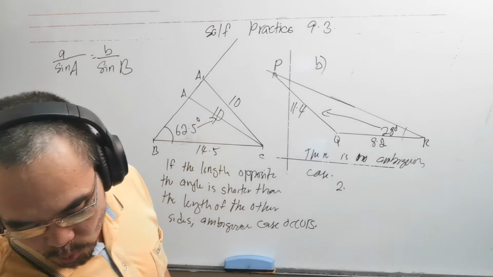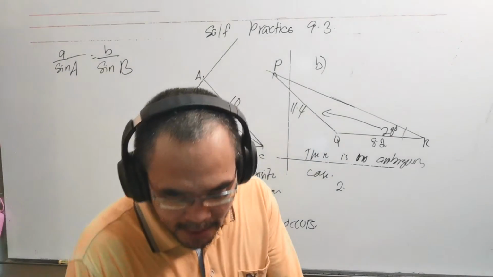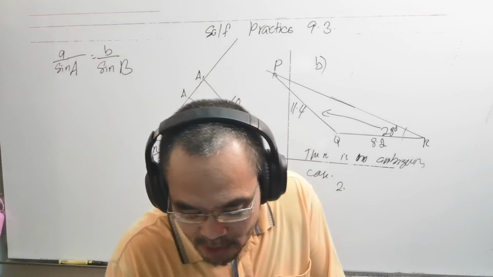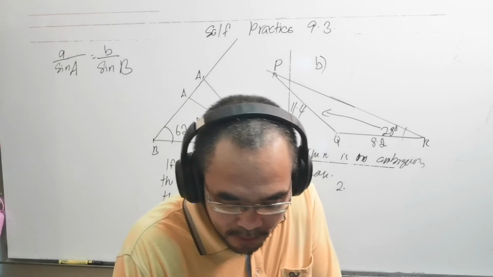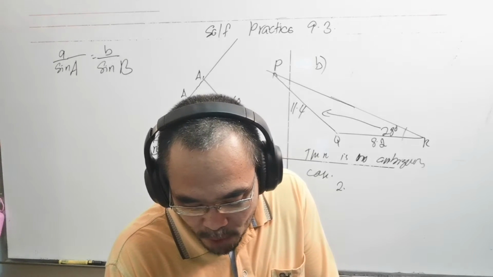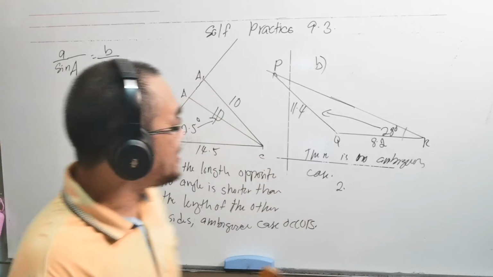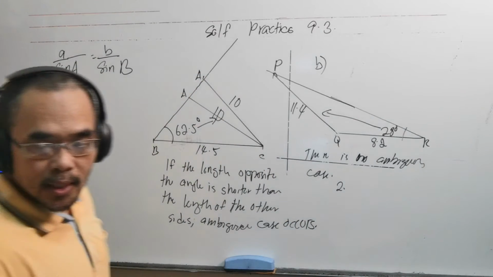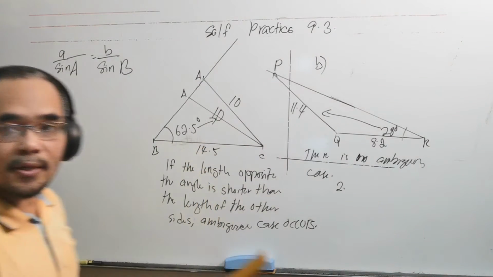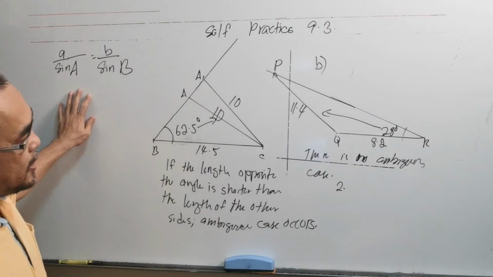So for question number 2, the diagram on the right shows an incomplete triangle PQR. PQ is 15.5 and angle QPR is 35 degrees. Okay, so I need to find the missing value.